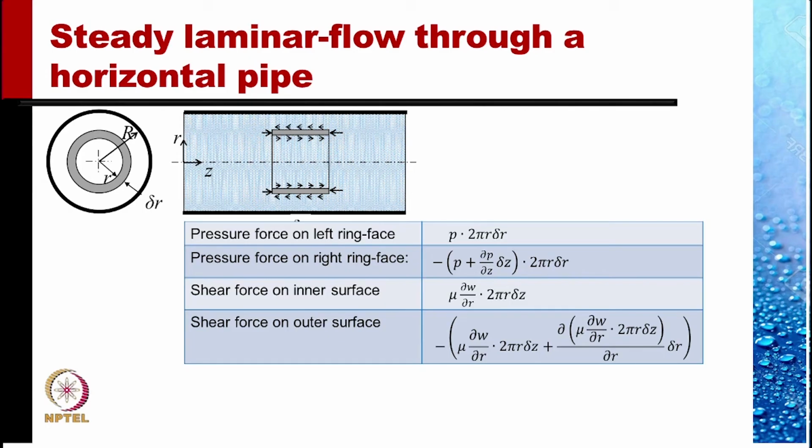Shear force on the inner surface is mu delta w by delta r multiplied by the area of this, and the area is twice pi r delta z. The circumference twice pi r and the length delta z.